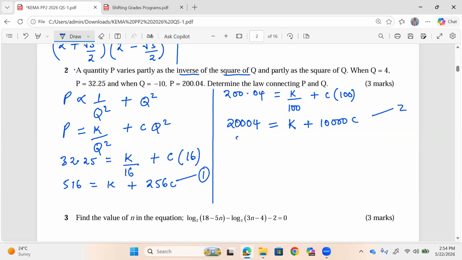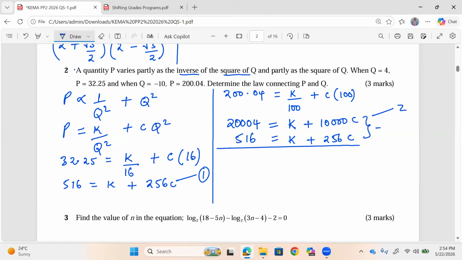If I bring equation 1 at this point, then I can solve the two equations simultaneously. And after the simultaneous solution, I'll be able to find the value of the constants. So you can see the coefficients of K are the same.